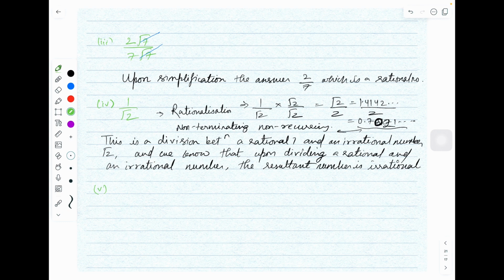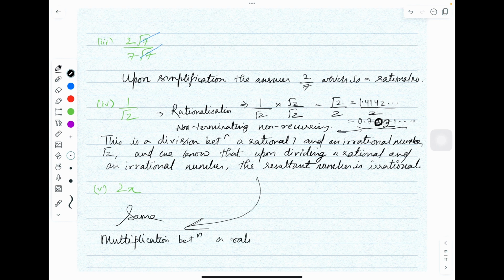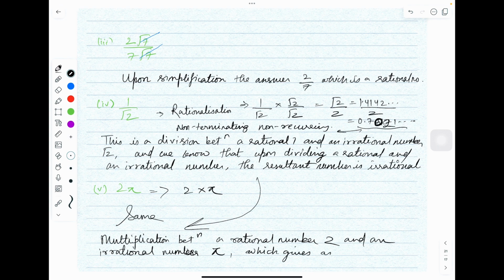Fifth number is 2 pi. Same, you have to write the same thing here. Multiplication between a rational number 2, this is 2 into pi, and an irrational number pi, which gives an irrational number.